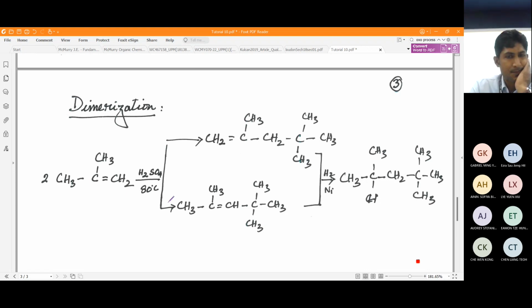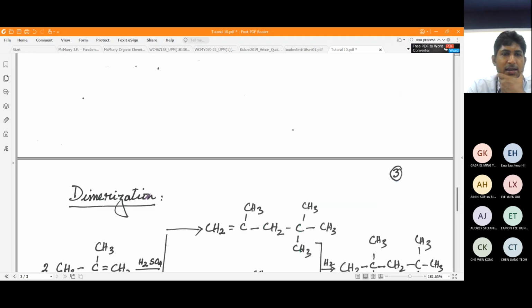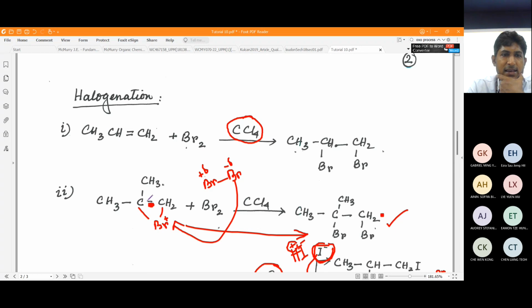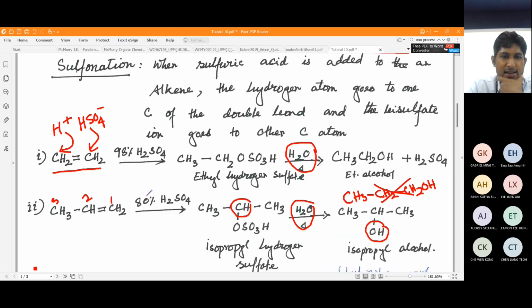So dimerization. What does dimerization mean actually? Here, still the alkene, right? I have the same compound. If we add sulfuric acid, which we did previously, sulfonation, this 80% sulfuric acid, we saw this is the product.